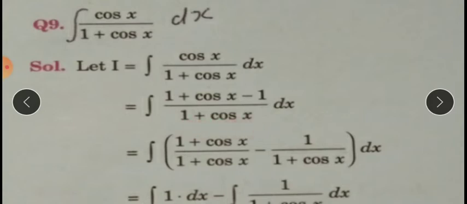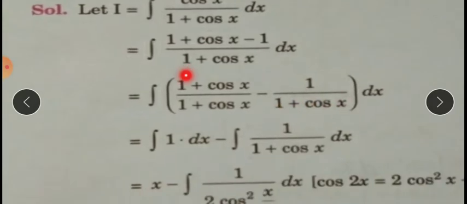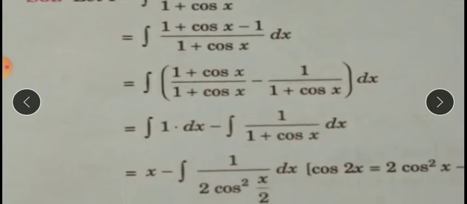Separating the terms, you can see that the numerator is 1 plus cos x upon 1 plus cos x denominator, minus the third term, which is minus 1 upon 1 plus cos x. 1 plus cos x divided by 1 plus cos x is 1, that is integration 1 dx minus integration 1 upon 1 plus cos x.